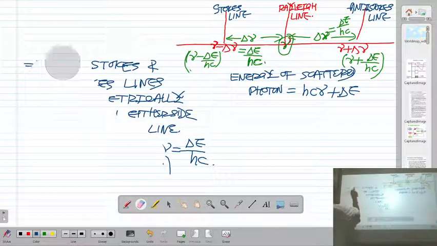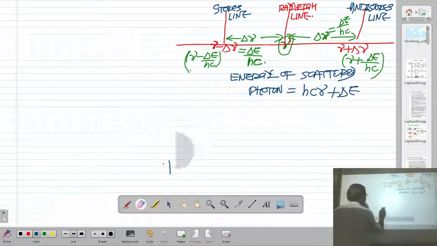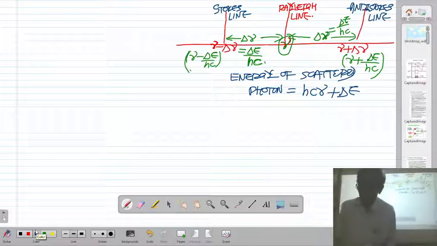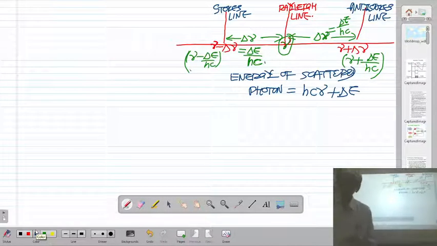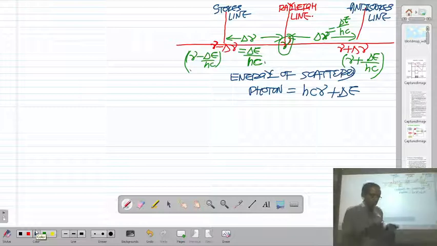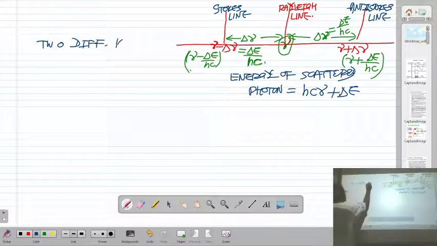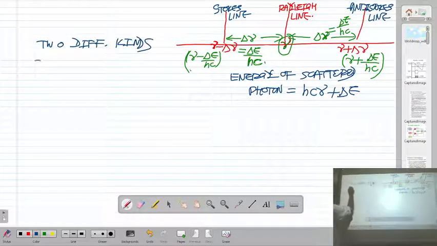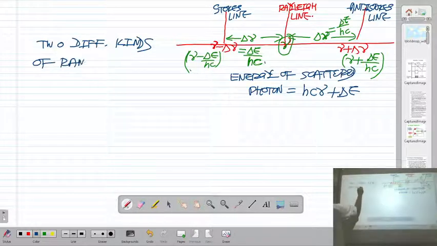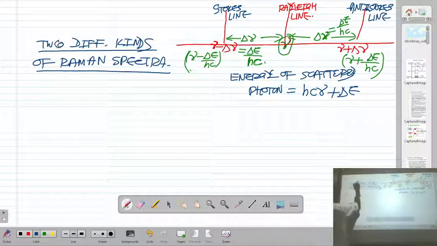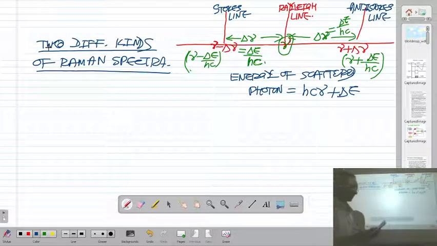So in this way, we have given the classical explanation of the Raman spectra, and we have also given the quantum explanation of the Raman effect. Both the explanations we have given. Now we have two different types of Raman spectra.